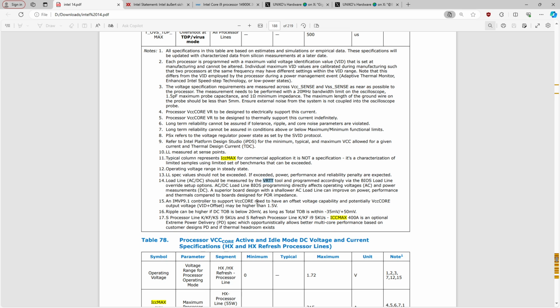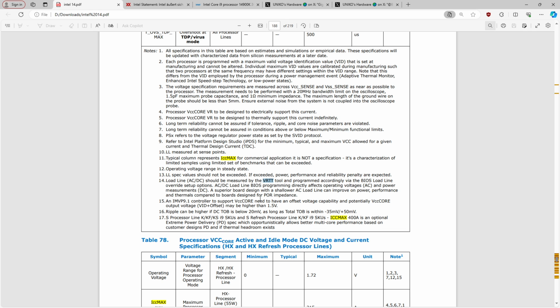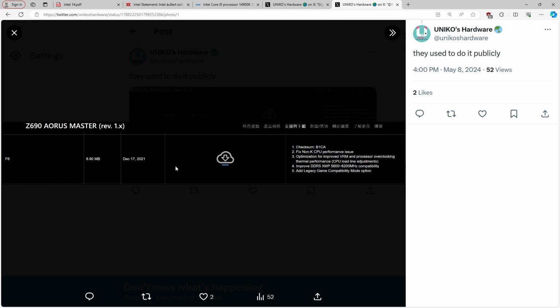Unless the motherboard changed over time, they shouldn't be changing the load line settings, right? When they first designed the motherboard, unless they reprogrammed the voltage regulator, but as far as I know, you can't really do, well, I guess you could do that, because yeah, you could just adjust the load line configuration the same way the BIOS gives you VRM load line settings.